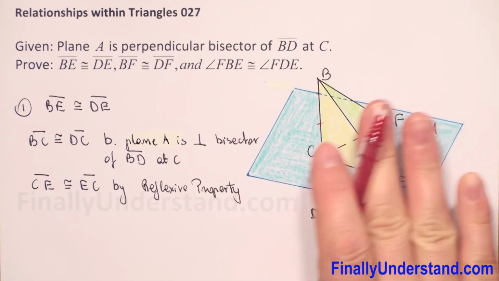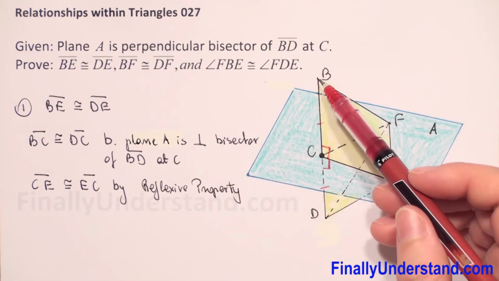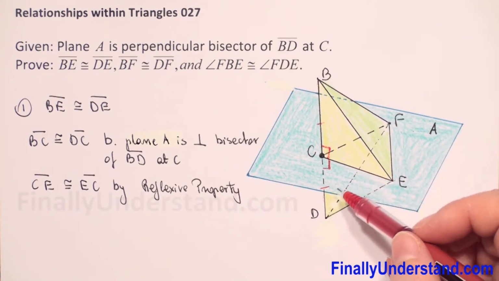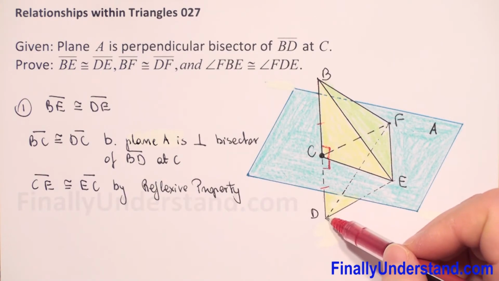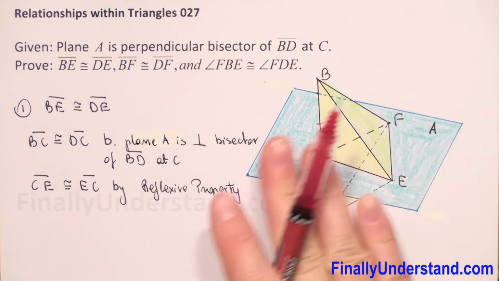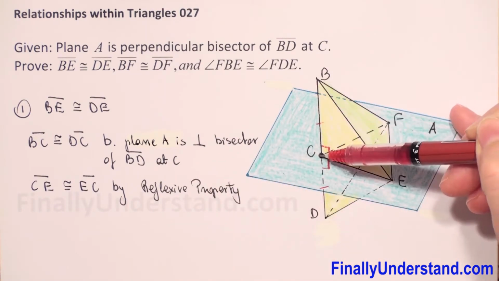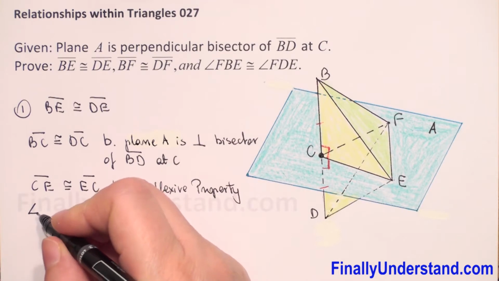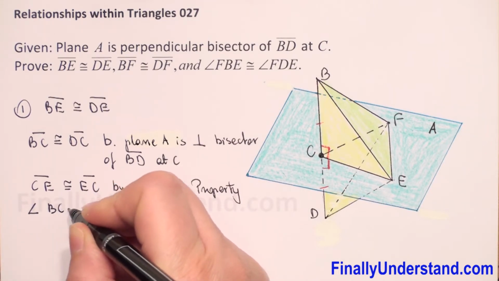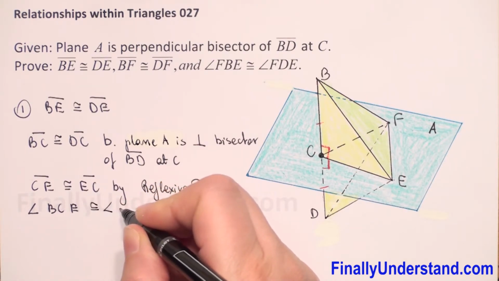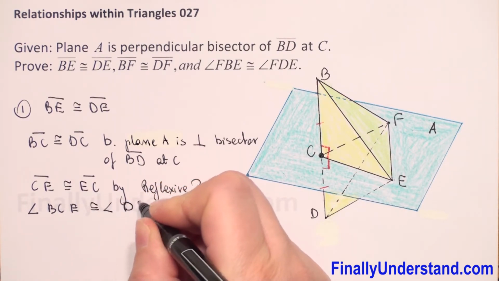Between plane A and segment BD we have a right angle, and between plane A and segment BC we have a right angle too. So we can write that angle BCE is congruent to angle DCE.